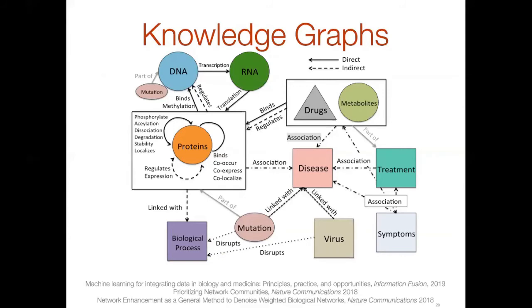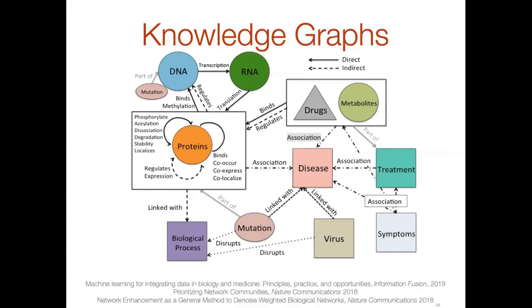So when we talk about knowledge graphs, what are those? Knowledge graphs are often called multimodal networks or heterogeneous networks, graphs where we have nodes or vertices of many different types and many different types of edges. That might be, for example, drugs, diseases, as we have seen before, proteins, metabolites.